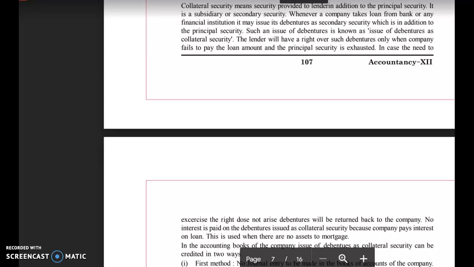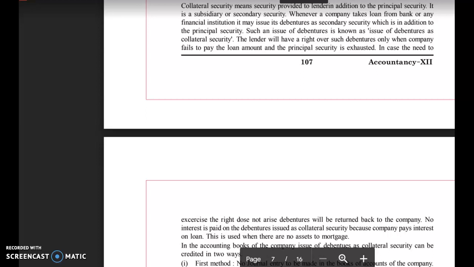This additional or secondary security is generally given by companies in the form of allotment of debentures. When these debentures are issued to the financial institutions, they become creditors of the company, and if the company fails to pay its dues, they can recover as creditors with the help of the court if the situation arises.